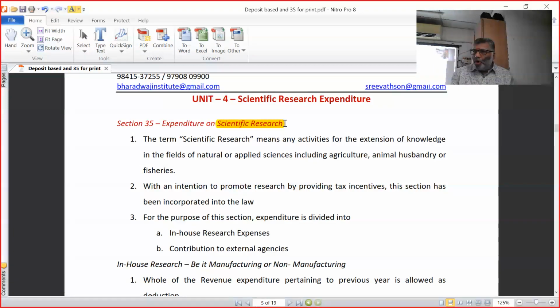Two, you don't have it, but you are giving to an external agency, approved research institutions and centers, for doing the research. So the research can be either in-house, or both can be used, contribution to an external agency. You can do either one or both, and you will get it.